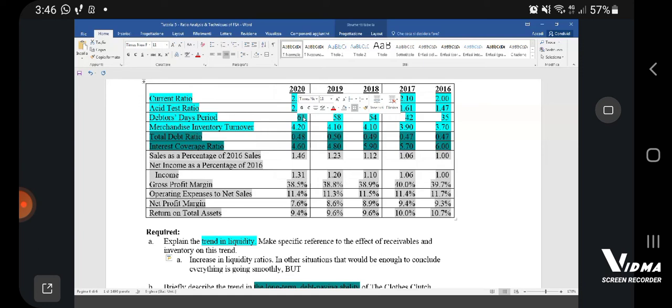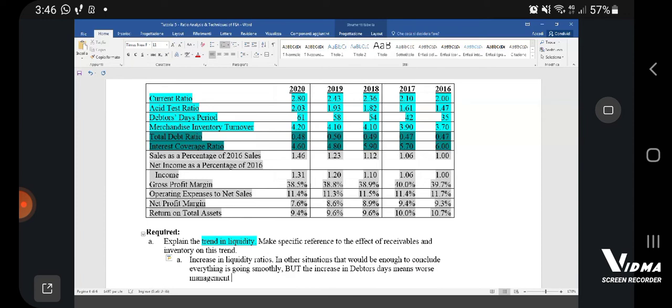Basically, I am financing their activities. So, the increase in the debtor days means worse management of debtors.